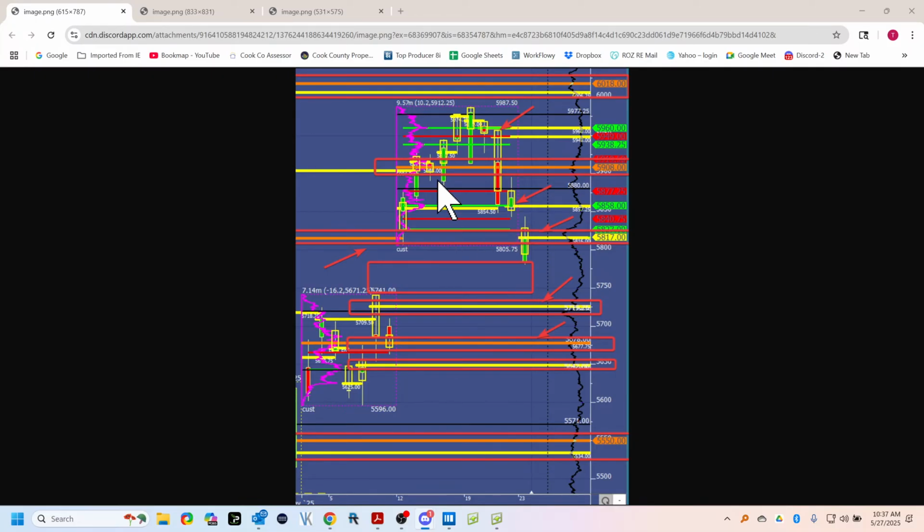Now let's talk about how the market works briefly. The auction, the job of the market is to figure out what's too high, what's too low in all fractals and time frames. Fine. When you throw a new input into the market, no matter what it is, could be an economic report or a POTUS tweet, doesn't matter, a change in what's perceived to be valuation, because then pricing must adjust.